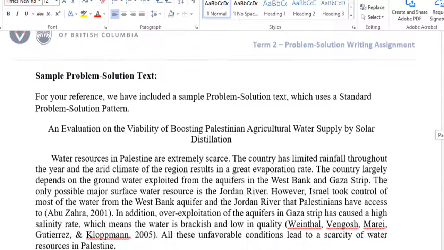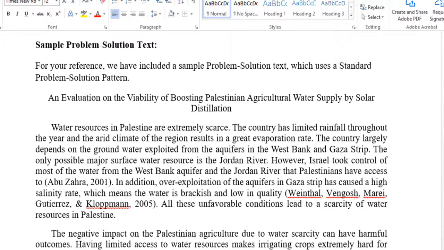So now that we've gone through the assignment instructions, I want to quickly go through a sample that you have. So this was written by a previous Vantage College student. It's quite a good example of a problem solution text. What we have here is the title, so an evaluation, right, saying what it's doing, on the viability of boosting Palestinian agricultural water supply by solar distillation.